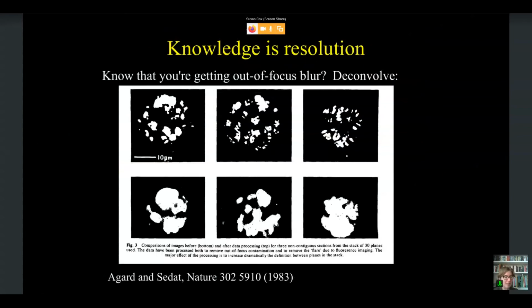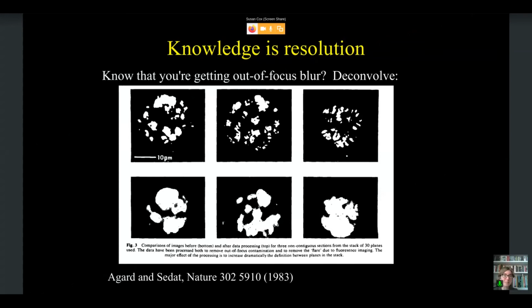Now, localization microscopy is one example of a more general class of techniques where we can exchange knowledge for resolution. This goes back all the way to the 1980s, where people first started to use image processing for improving microscopy images.